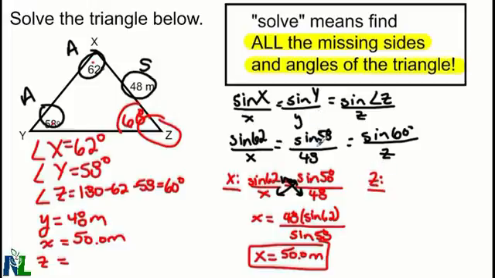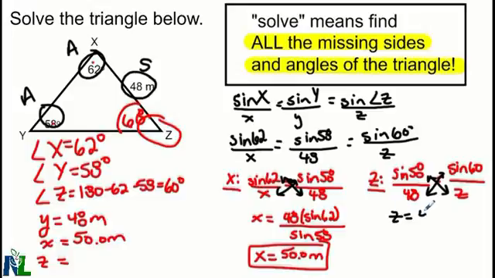Next, I'm going to find out what z is. Looking at the ratio where I know the numerator and denominator, it's the sine of 58 divided by 48 equals the sine of 60 over z. Again I cross multiply and isolate z, so that z equals 48 times the sine of 60 degrees divided by the sine of 58 degrees.